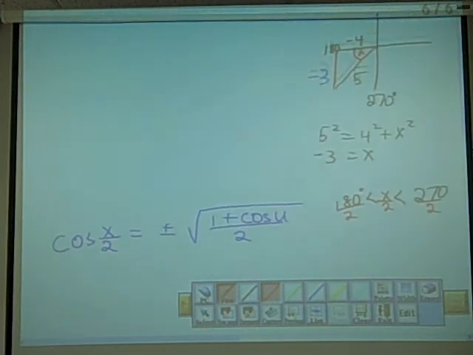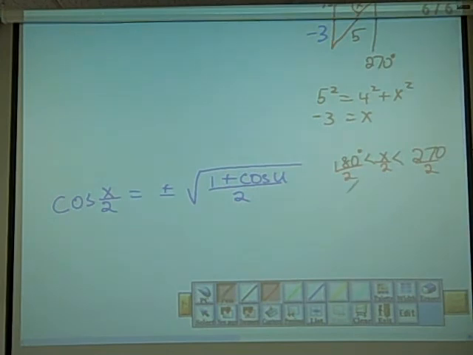Okay? So that makes this 180 divided by 2, that's going to be 90, less than x over 2, and 270 divided by 2, that's 135.